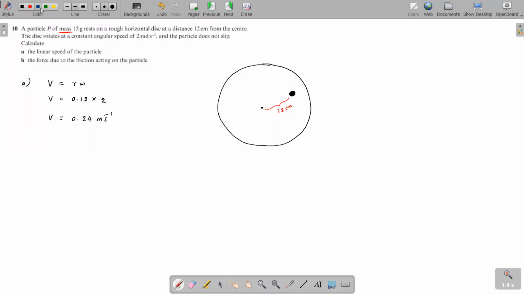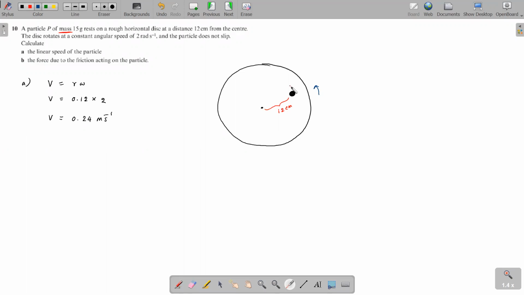Now you need to realize this is a rough horizontal disk, and they say the disk is rotating. It's not the particle that's rotating, but the entire disk. Your particle is sitting on top of the disk.